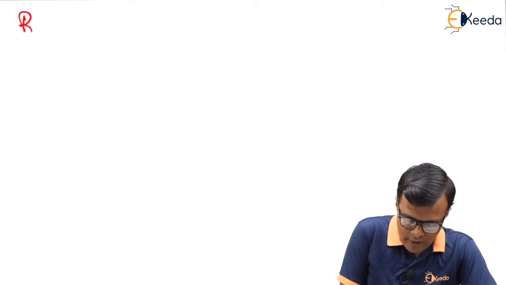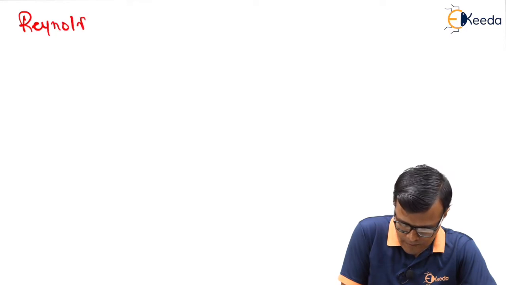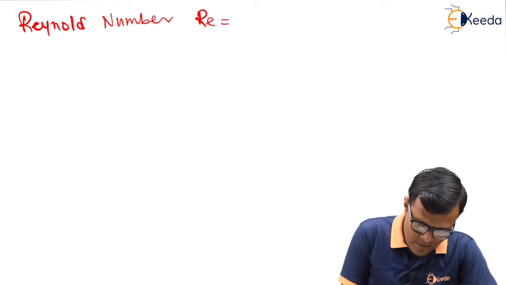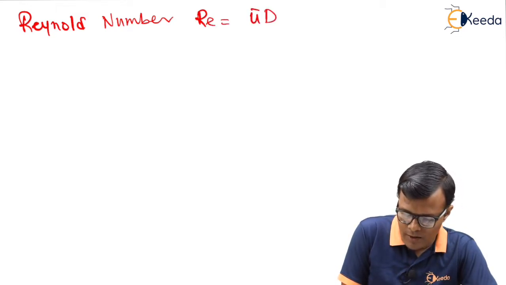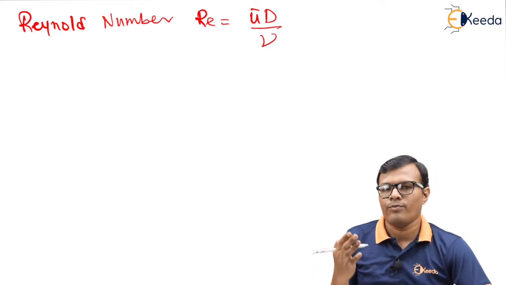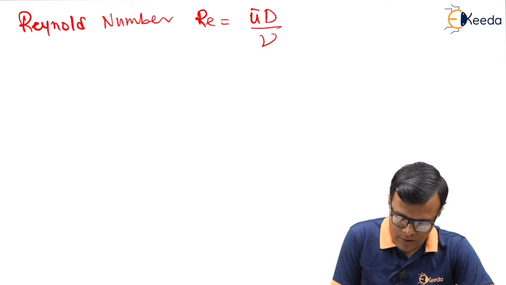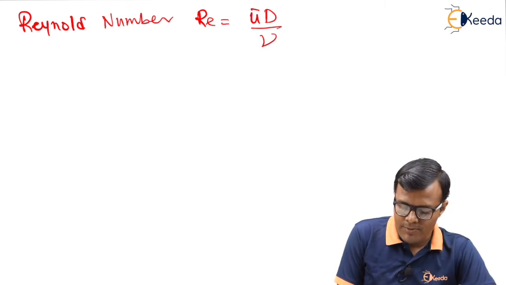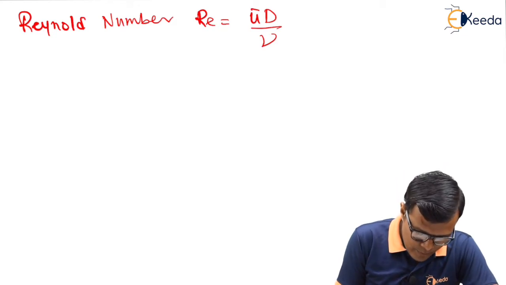Further we can find the Reynolds number, Re, that is U bar D upon nu, since rho VD upon mu, or mu upon rho, is also called nu.